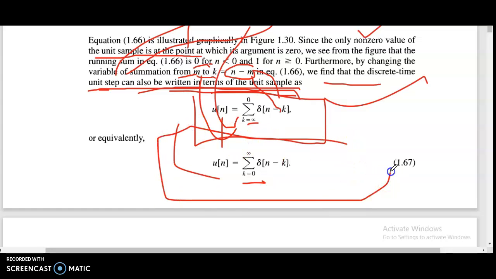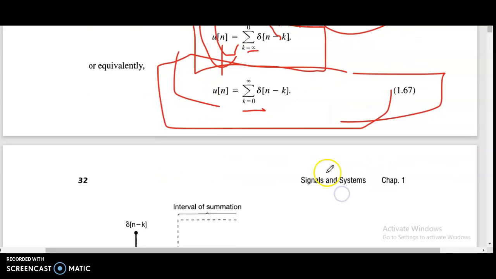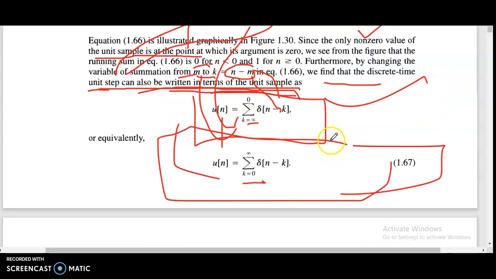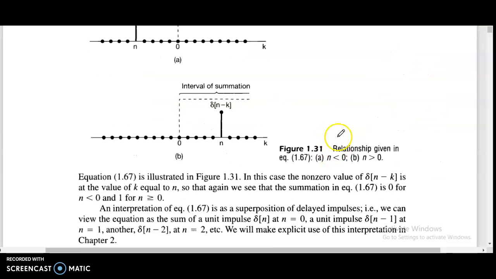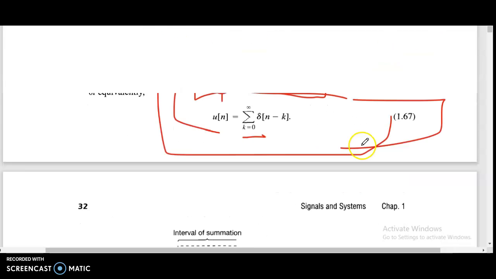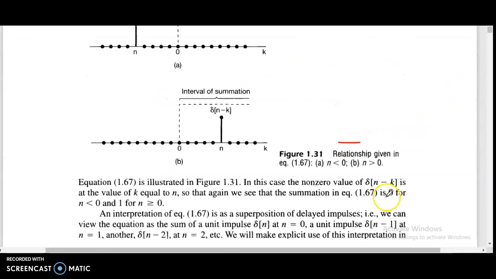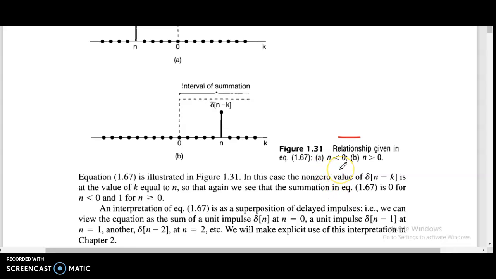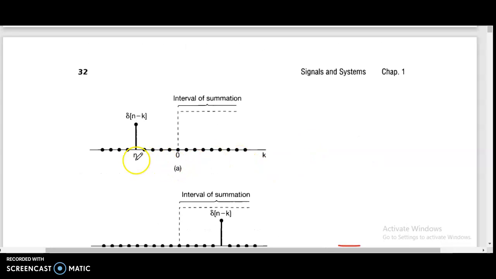This is equation 1.67. Here is the relationship given by equation 1.67, for n less than 0.